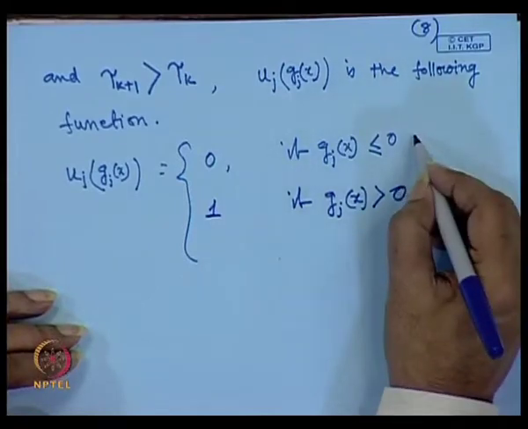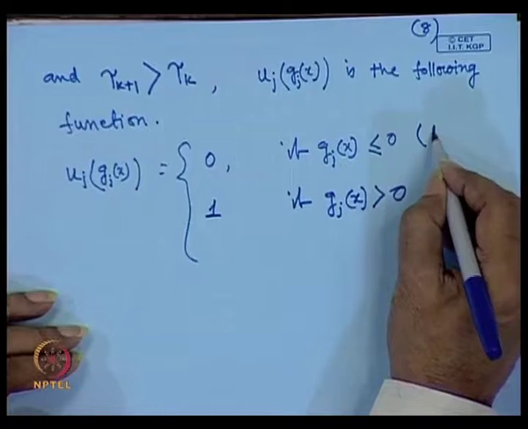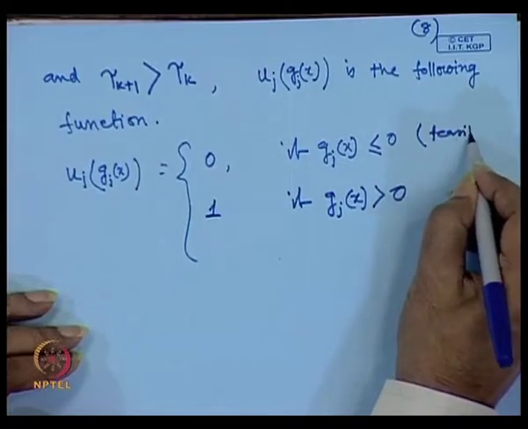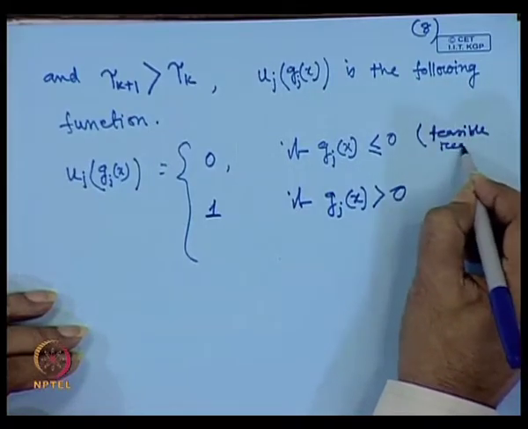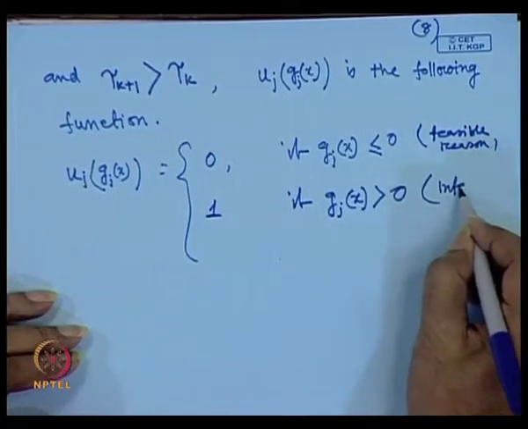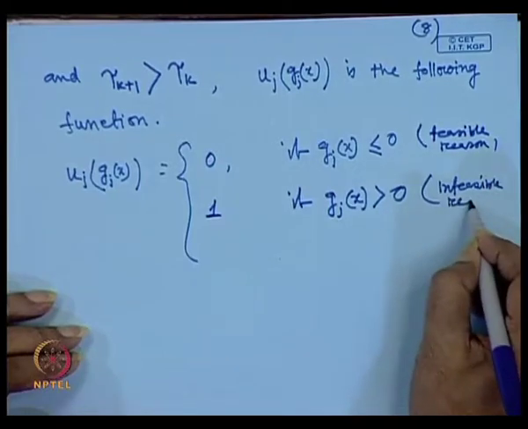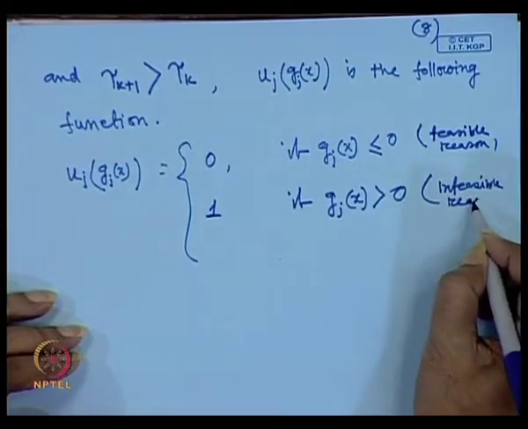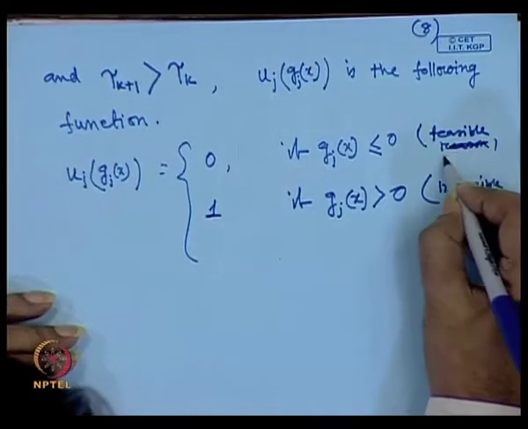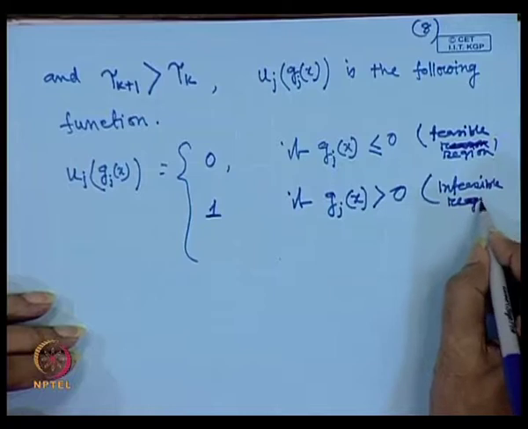So, you can see this is the feasible region, and this is the infeasible region.